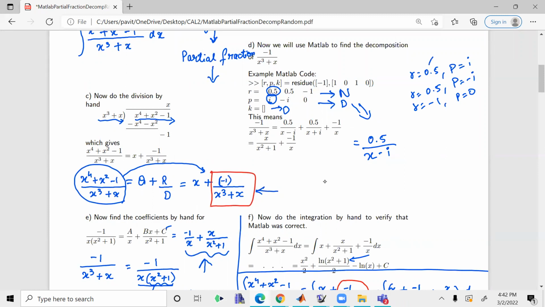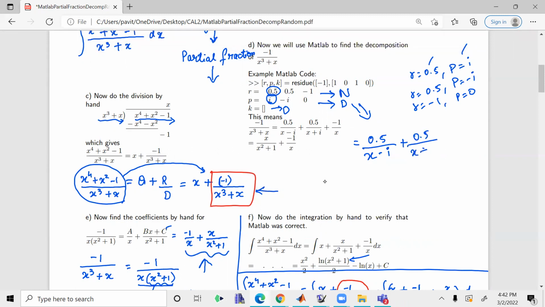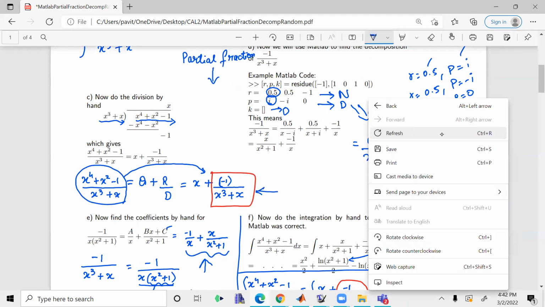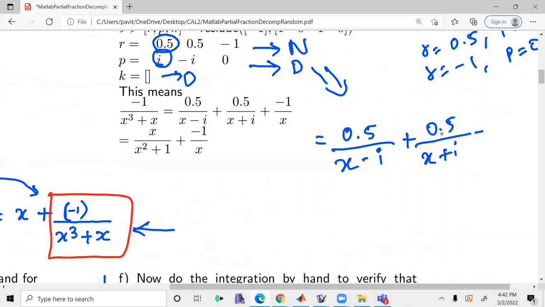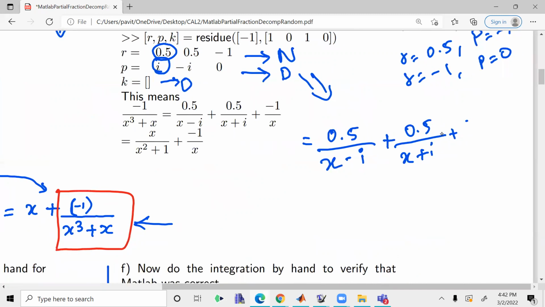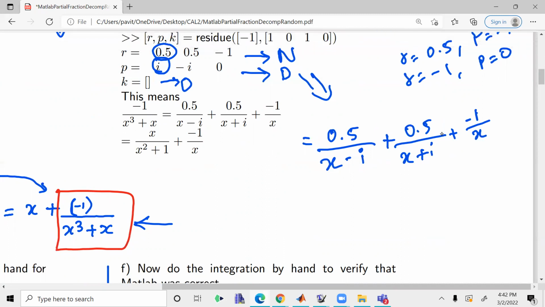So R is 0.5, x minus I, plus 0.5 divided by x plus I because minus minus is plus. And plus, R is -1, P is 0, so I will take it as x.